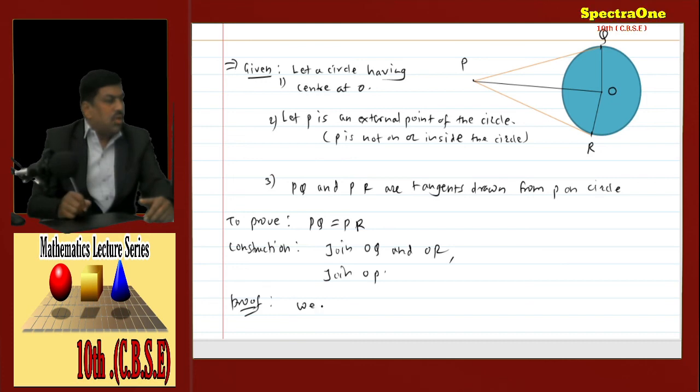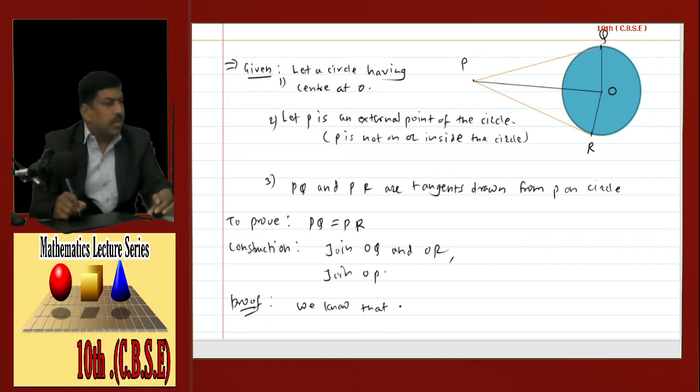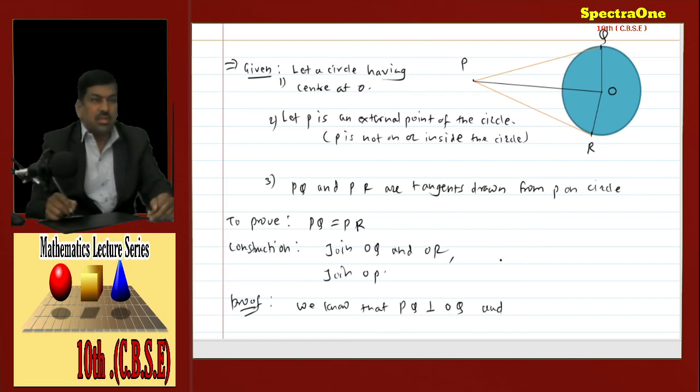We know that PQ is perpendicular to OQ by the last theorem. And PR is also perpendicular to OR.